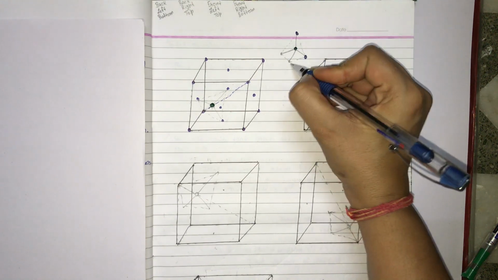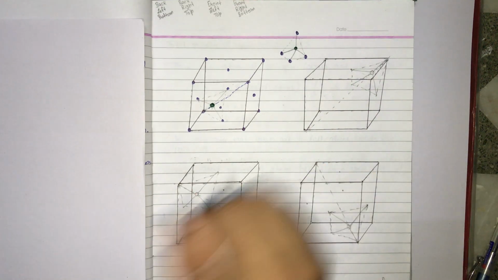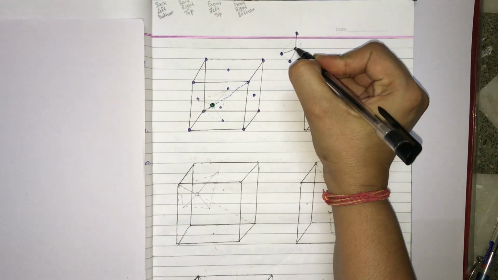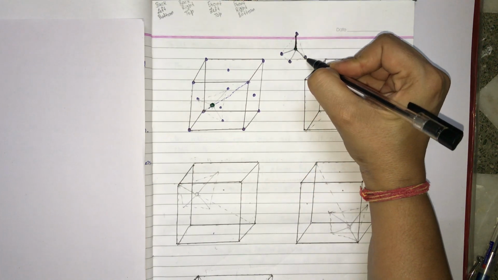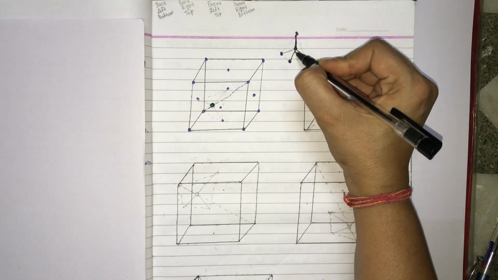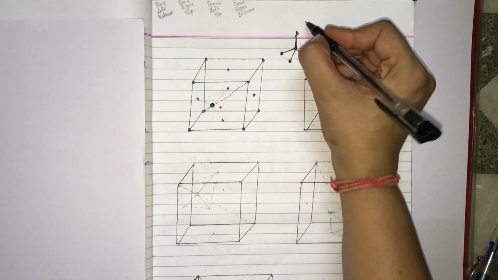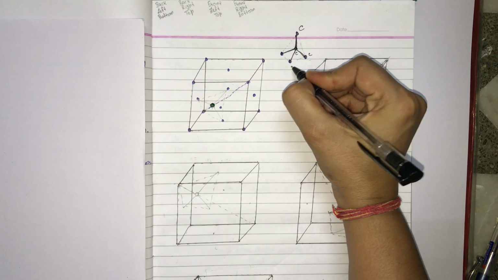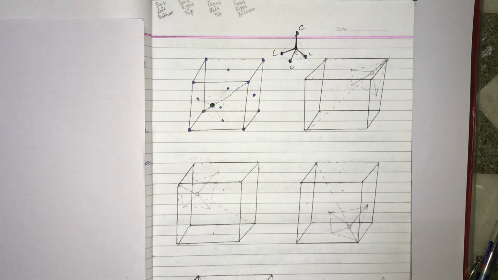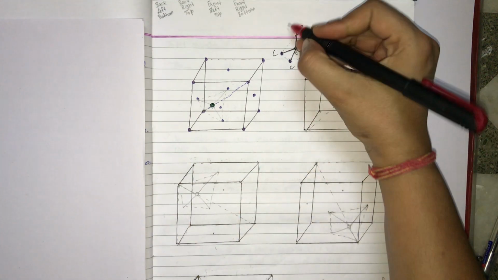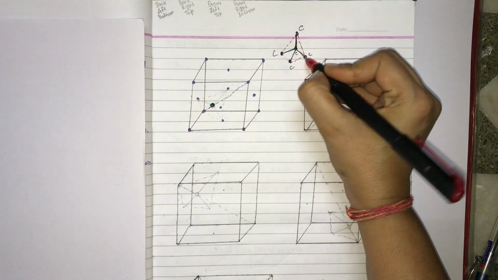Suppose I have marked these positions, then this center carbon atom will make covalent bond like this along the neighboring 4 carbon atoms. These are all carbon atoms. Clear? So if I join these points, then it will make a 3-dimensional tetrahedral.